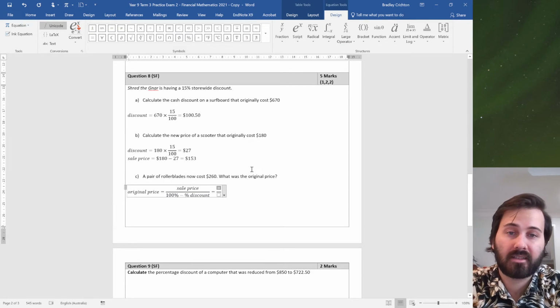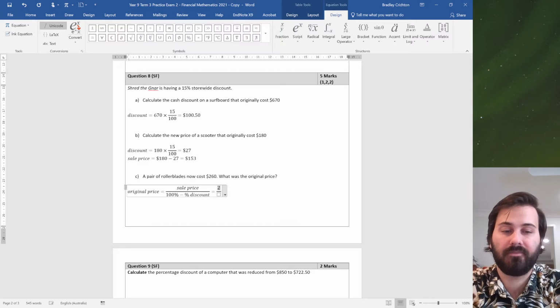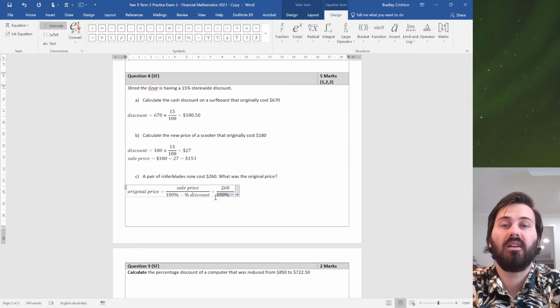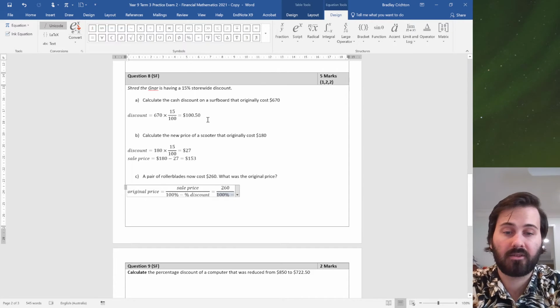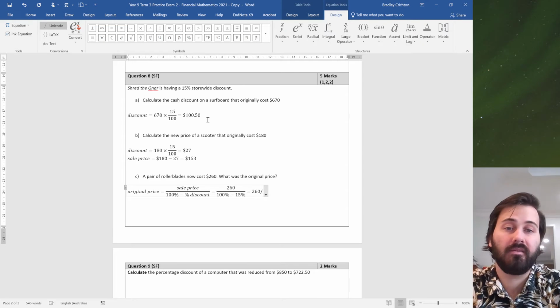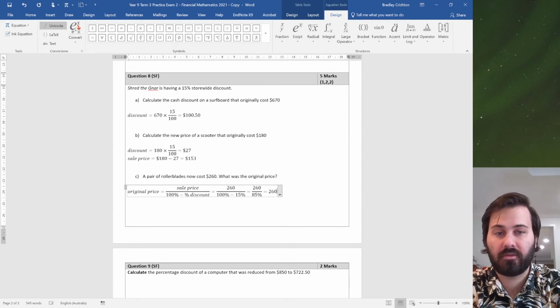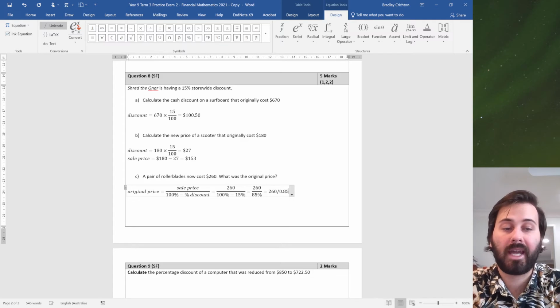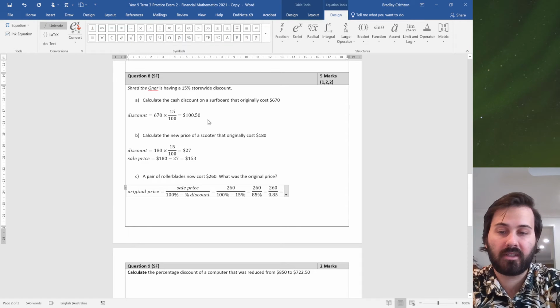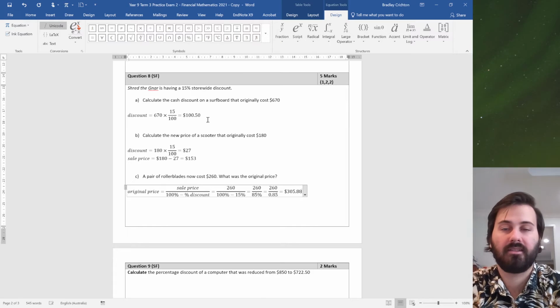So our sale price costs $260. 100% minus, we know that there's a 15% discount store-wide, so minus 15%. That is 260 divided by 85%. Now you have to convert that into a decimal. So 260 divided by 0.85. Put that into your calculator and you would get $305.88.